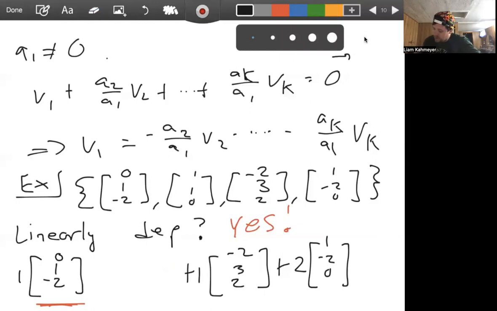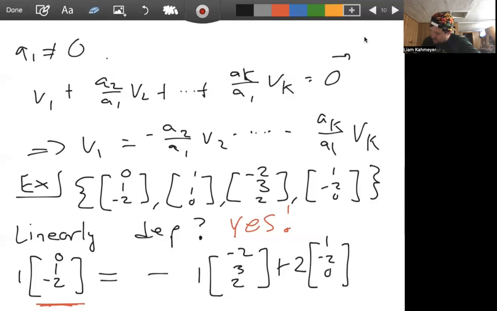You subtract them over, and you have minus here and minus here. So we found one vector, (0, 1, -2), which is a linear combination of 2 other vectors within the same set. And so we say this is linearly dependent.